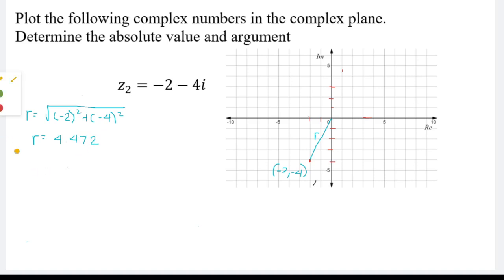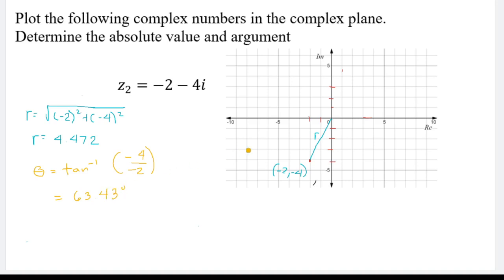For angle theta, that is equivalent to arctan of y over x, that's negative 4 over negative 2. And that is equivalent to 63.43 degrees.